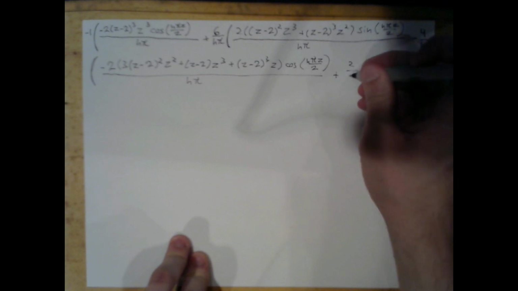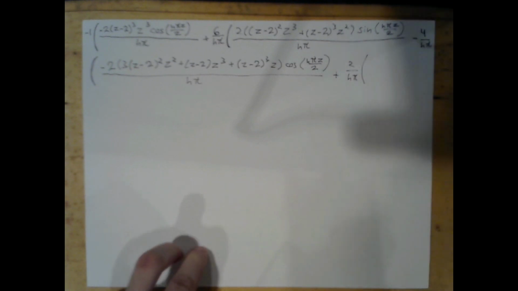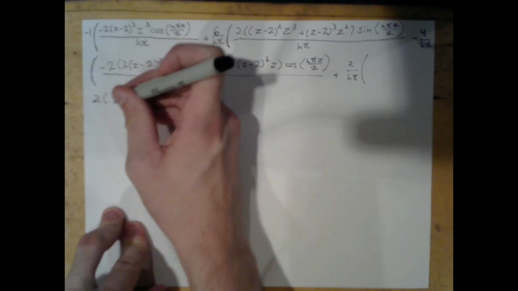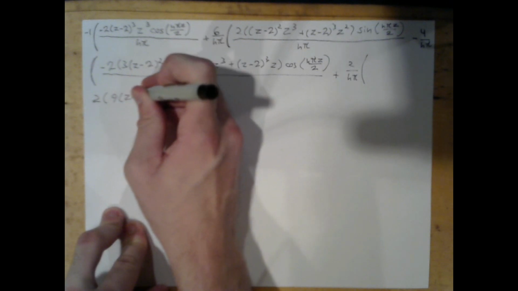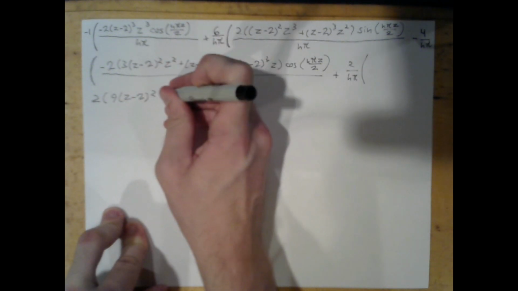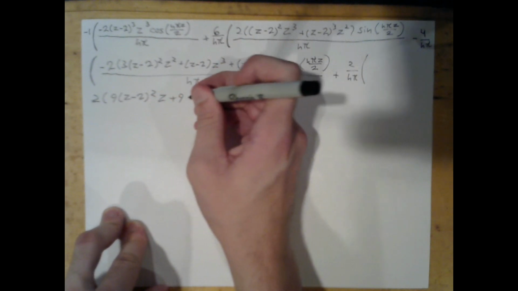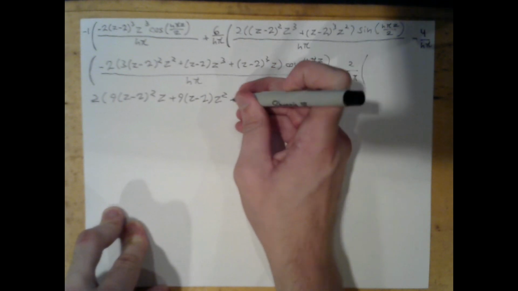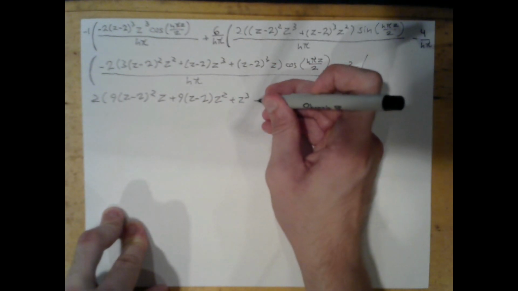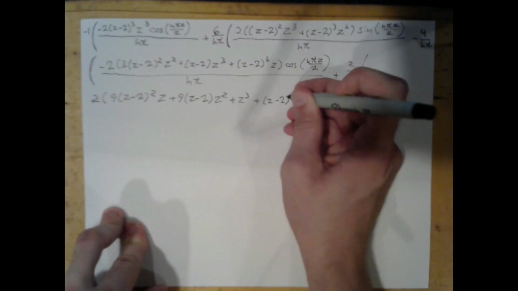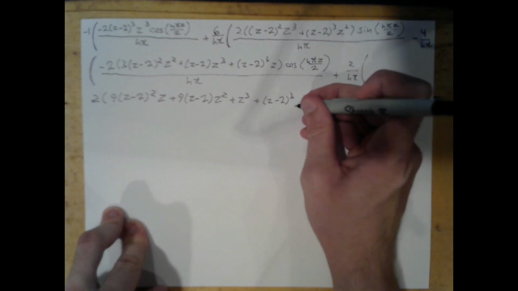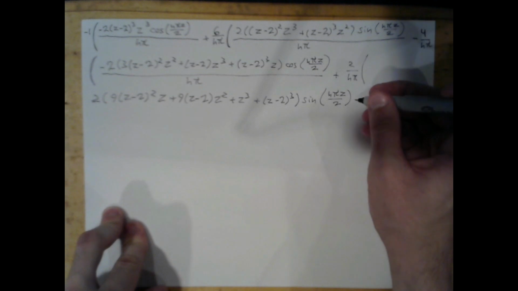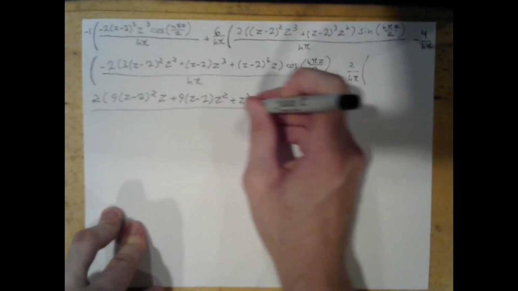So we're going to get plus 2 over h pi all multiplied here by 2, we're just plugging this back in, 9z minus 2 squared, z plus 9z minus 2 z squared plus z cubed plus z minus 2 cubed, all times sine h pi z over 2, and then this is all going to be over h pi.